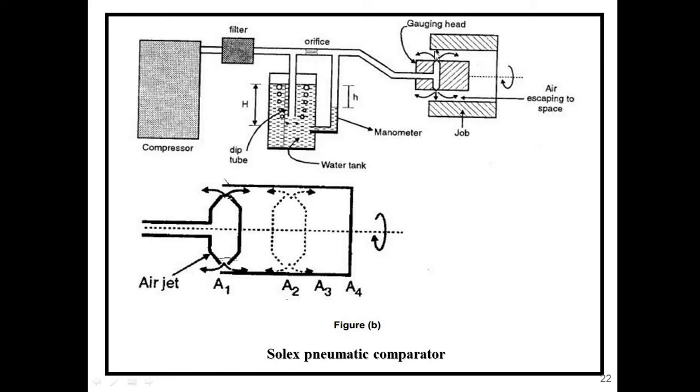We place the measuring head initially at the top position and note down the readings in the manometer. Then take the measuring head to the center of this hole and take the reading again. Then take the third reading by taking this gauging head to the bottom of the hole, and note the readings there also.